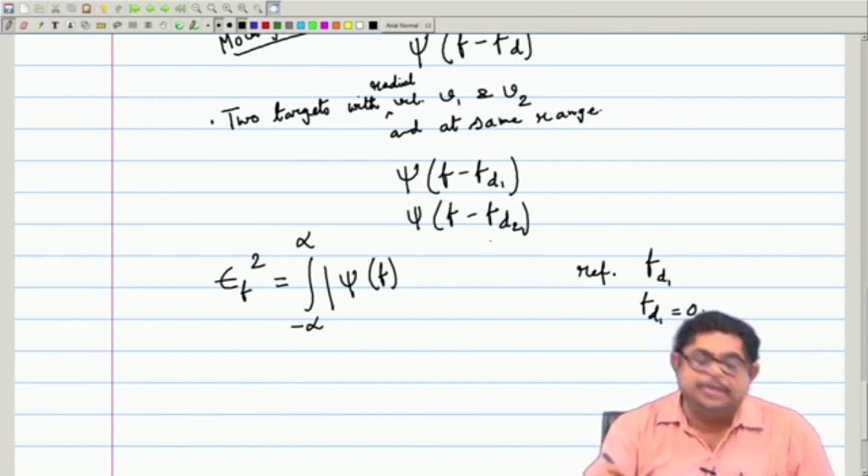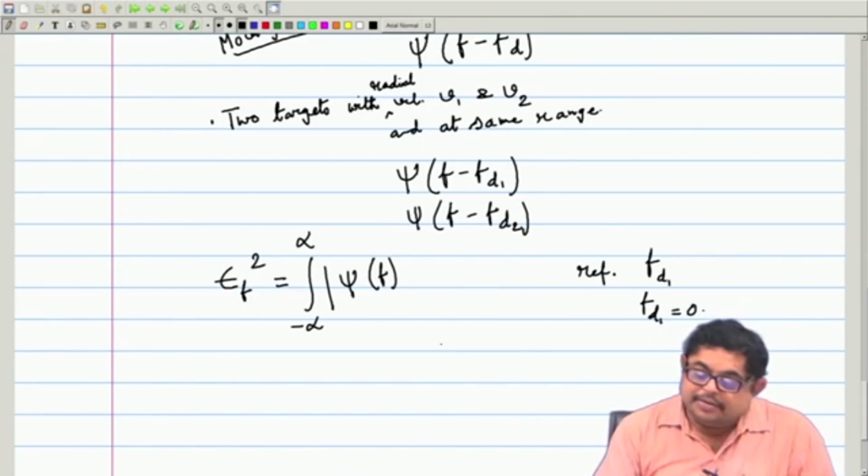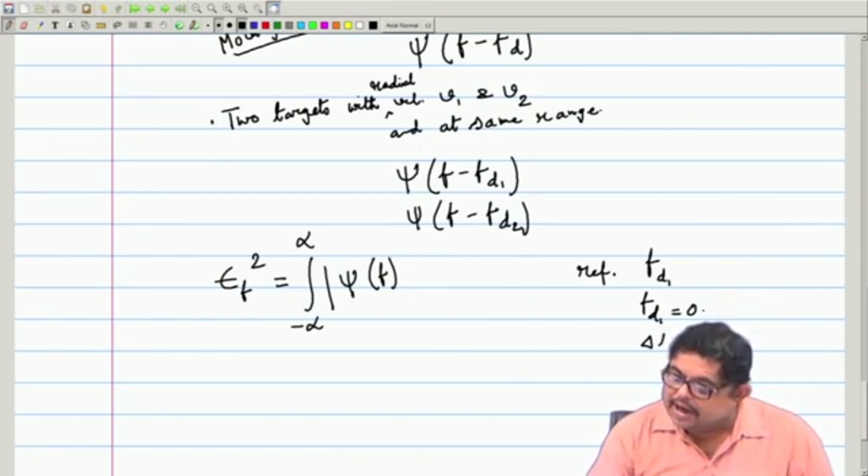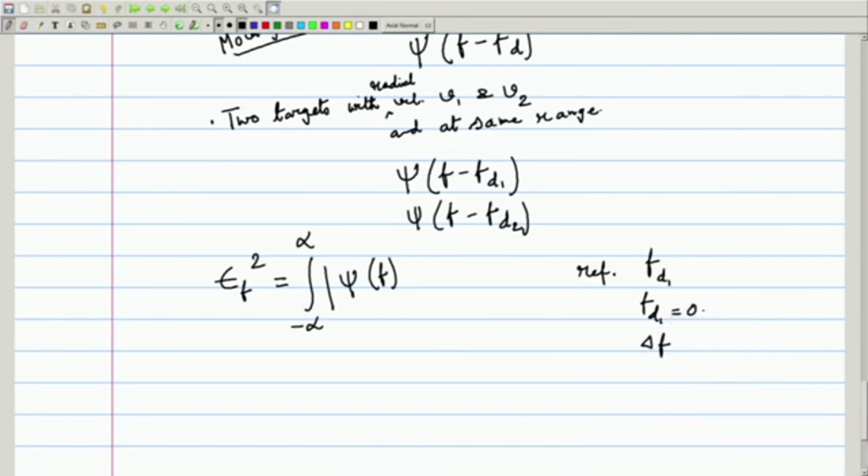So, basically we will be dealing with their difference, that is delta f, but to say that it is the Doppler difference, I will use the symbol f d.